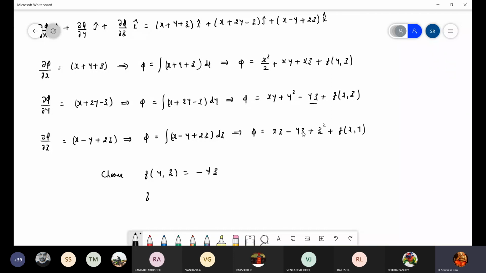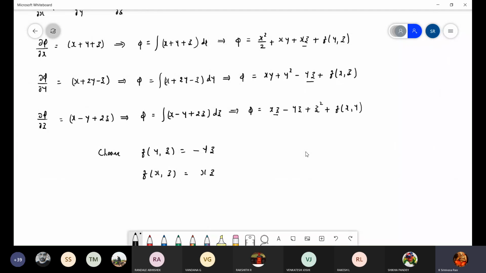Coming to f of x comma z, xz is there in the first equation and the third equation. Some problem like this we solved yesterday, so it will be a difference. And f of x comma y is xy.